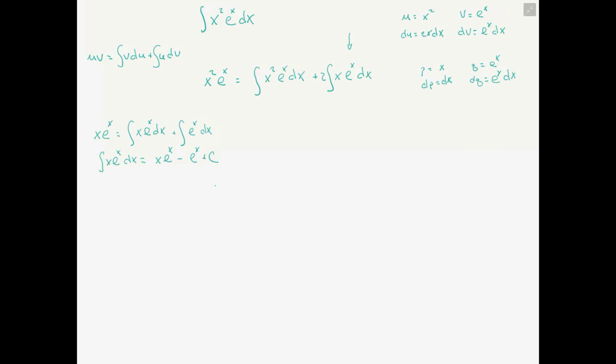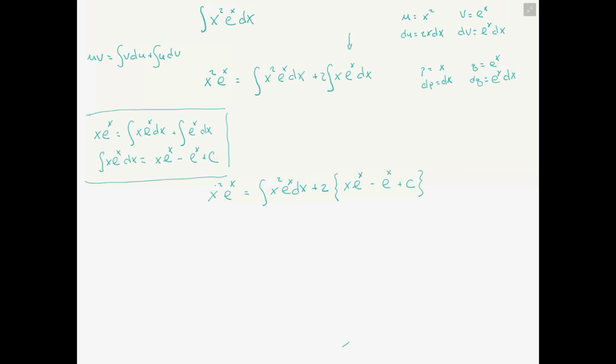So now we've got this resolved. We go back to our original function, the integral of x squared e to the x dx equals x squared e to the x minus 2 multiplied by x e to the x minus e to the x plus c.